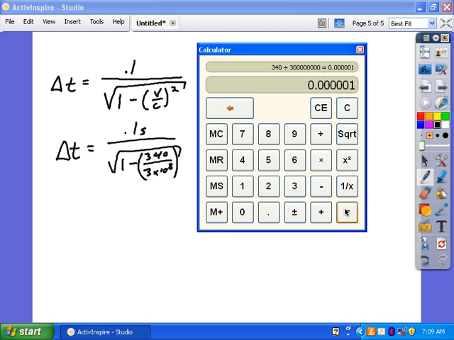Okay, now I need to take that value and square it. Well, here's the problem. When I square that, that makes it 0.0000000000 1, ten zeros and then a 1, which this calculator is assuming to be 0.